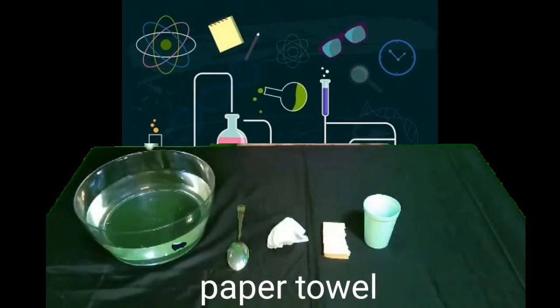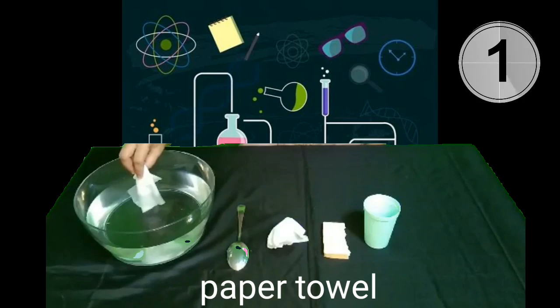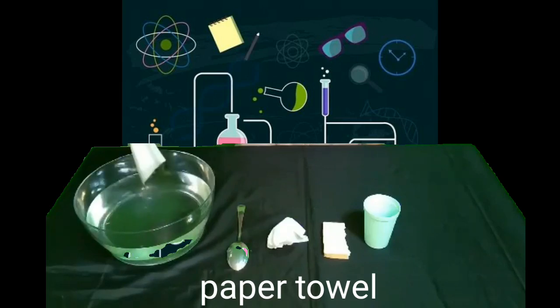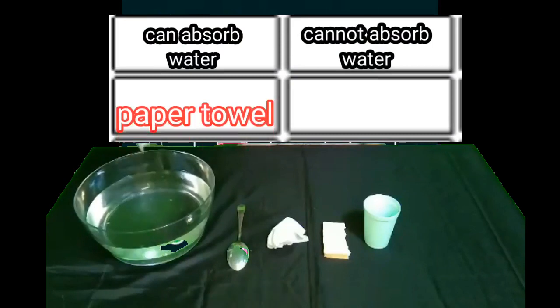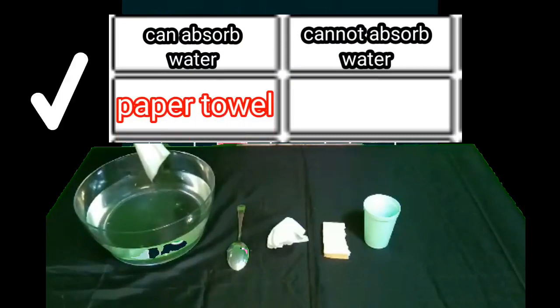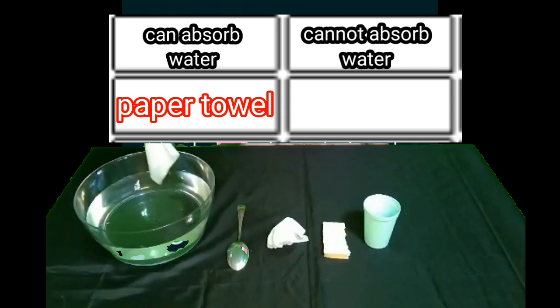Paper towel. If you have written paper towel under the column can absorb water, you are correct. A paper towel has tiny pores. It is a porous material and it absorbs water. Therefore, it has a special property called porosity.